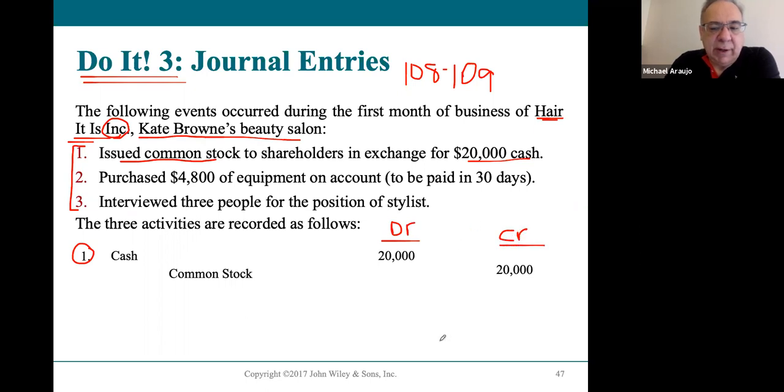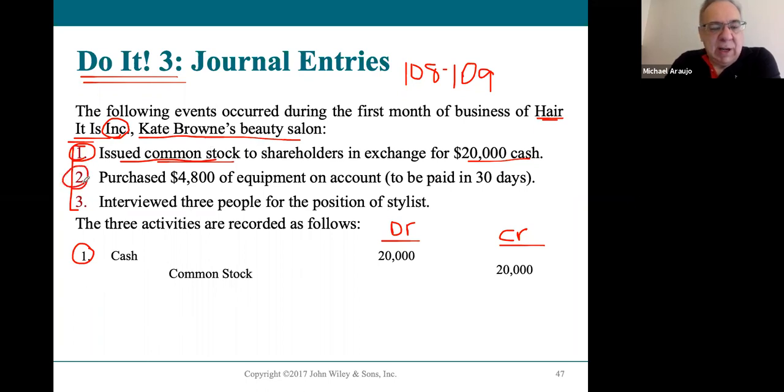In the journal, we have a debit to cash for 20,000 and a credit to common stock for 20,000. And that is exactly what happened here. More cash means cash is debited by 20,000. More common stock means common stock is credited by 20,000. So this is exactly correct.